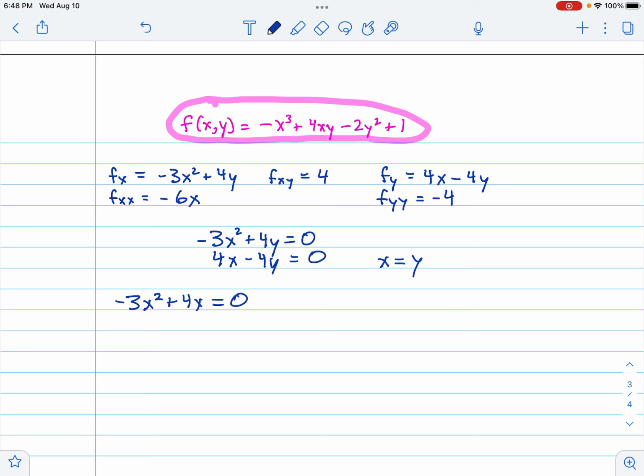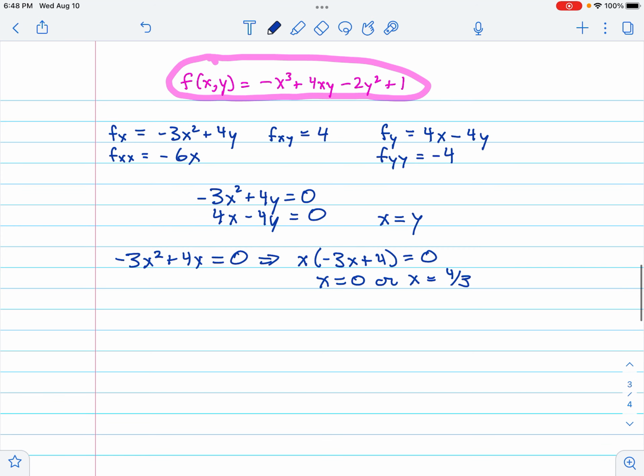Now, I want to factor out an x, and I've got negative 3x plus 4 equals 0. That means that x equals 0 or x equals 4/3.